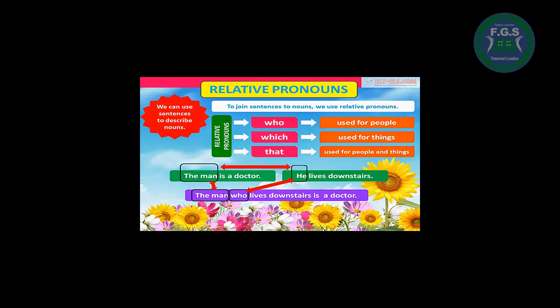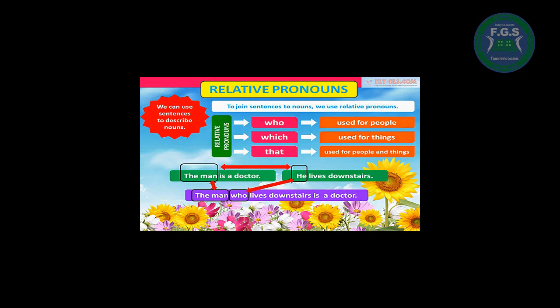So, relative pronouns. To join sentences to nouns, we use relative pronouns. As we said, who is used for people, which is used for things, and that is used for people and things, instead of repeating the subject of the sentence. As you see in that example, the man is a doctor.